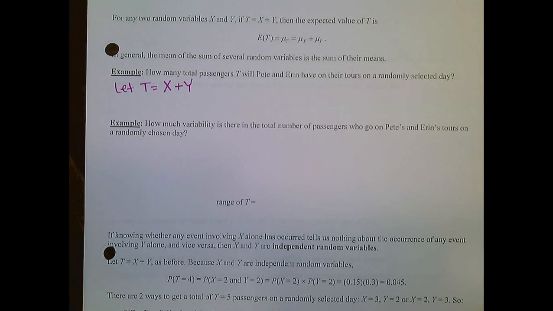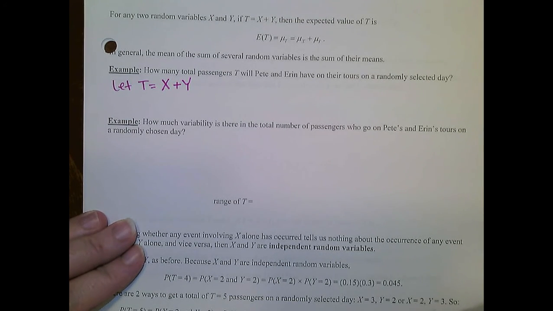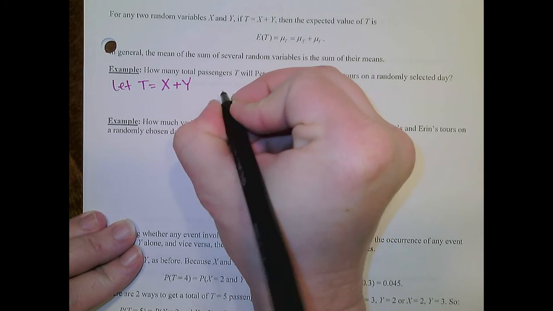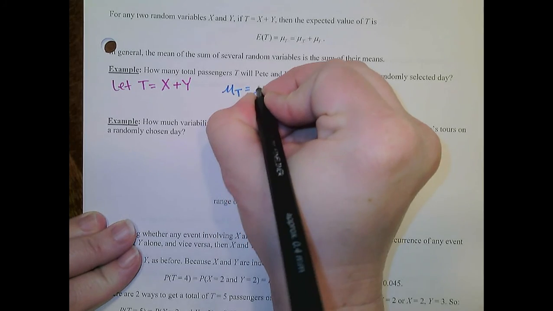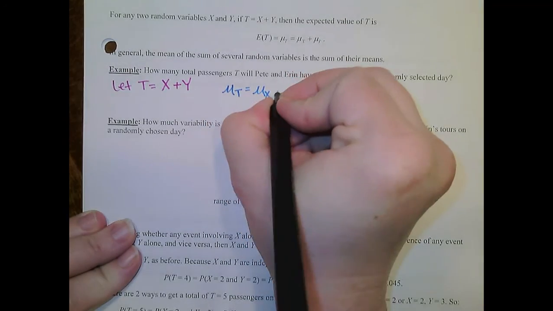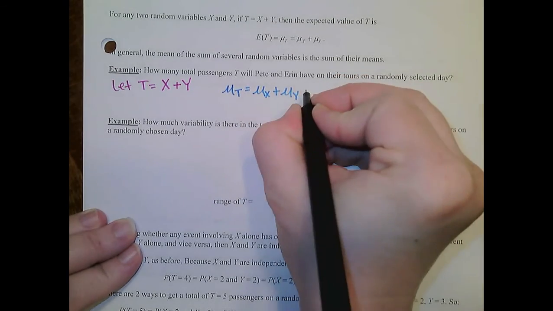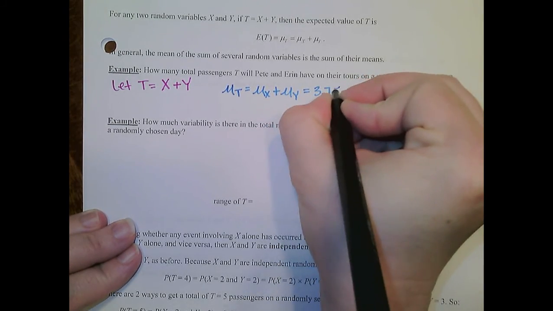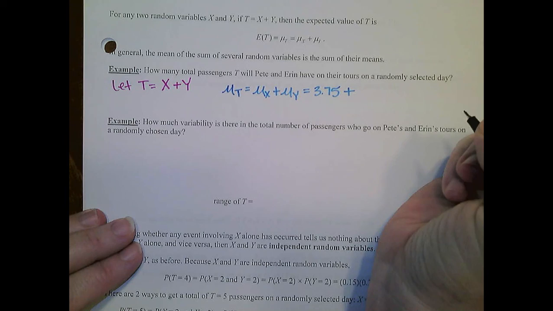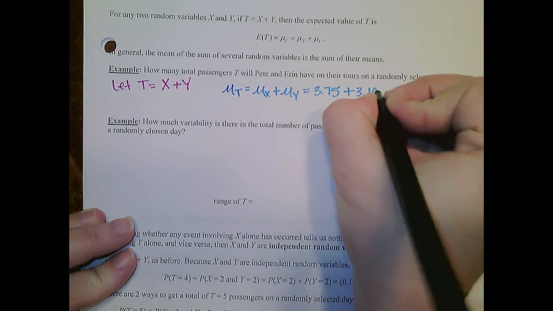And so if we want to know the typical expected number of total passengers T on any randomly selected day, we're looking for the expected value of T, or mu of T, which would just be the mean for Pete, mu of X, plus the mean for Erin, mu of Y. We know that Pete's expected number of passengers is 3.75, and they gave us that mu of Y, the expected number of passengers for Erin, is 3.10.